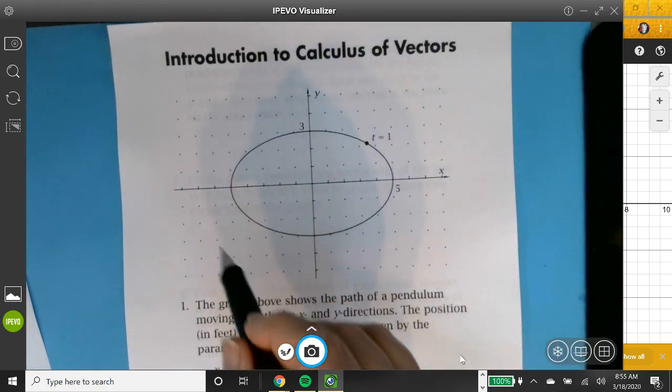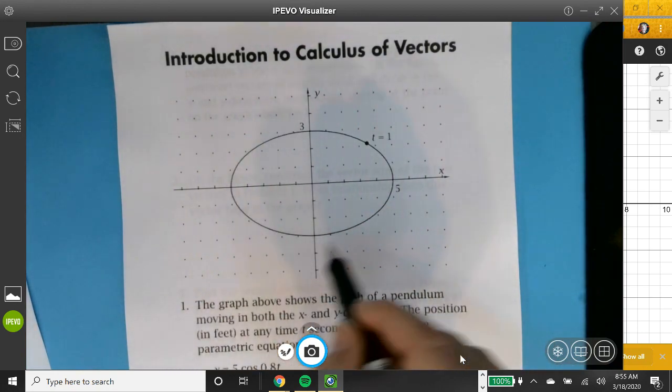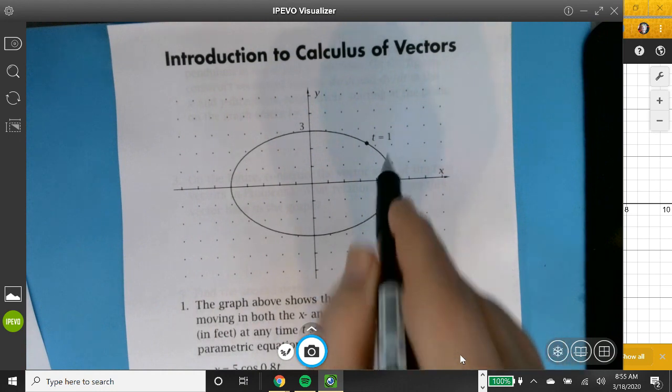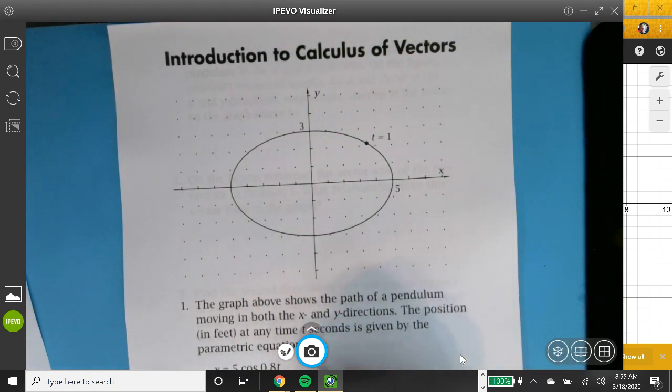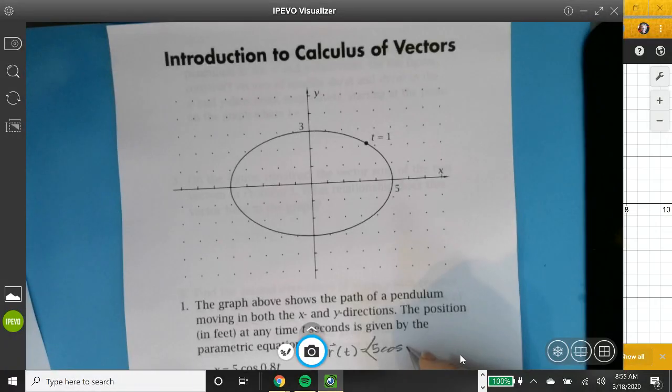But this is the path of the end of a pendulum swinging, and it's given by this set of parametric equations. So I'm going to write my position function as r of t equals 5 cosine of 0.8t and 3 times the sine of 0.8t.